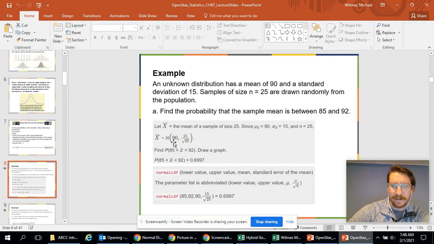To find the sample standard deviation, we take the old standard deviation, we divide it by the square root of the sample size. So the square root of 25, which is 5. So that's 15 divided by 5, which would be 3. So our sample standard deviation would be the number 3, and our mean is 90.